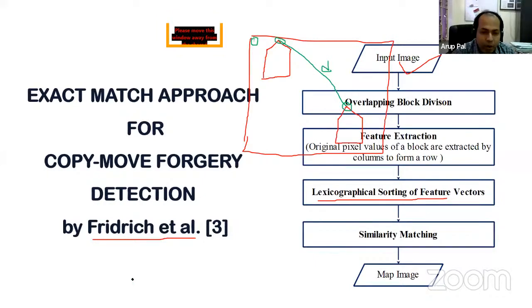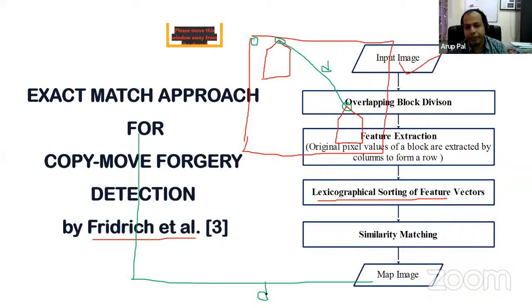So right now, with respect to distance D, I count how many pixels are similar. Here you can see that a similar structure has been copied from here to here.